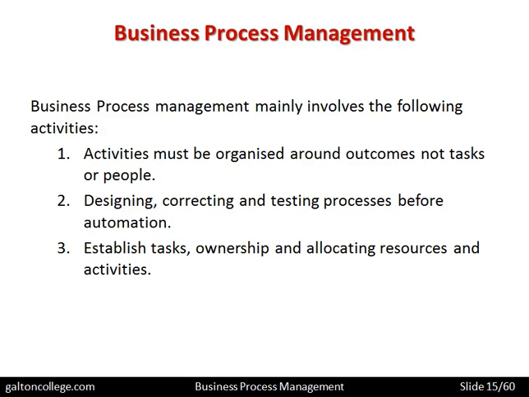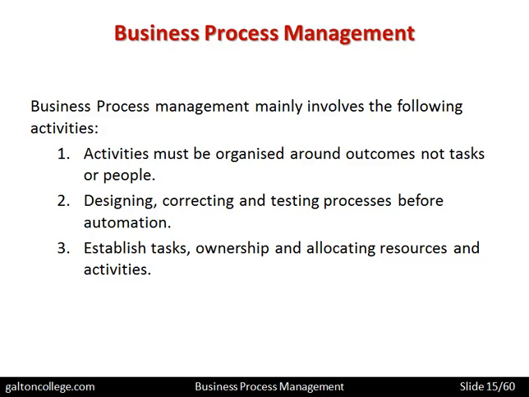Establish tasks and establish ownership and allocate resources and activities. Establish tasks. What needs to be done? Who needs to be involved? Where in the process do the people need to be involved? Look at the various tasks that are required, and then make sure there is a clear designation of tasks. Who owns the task?